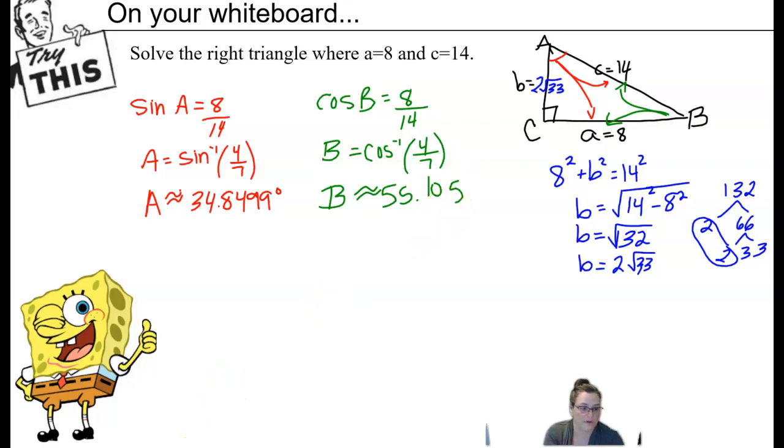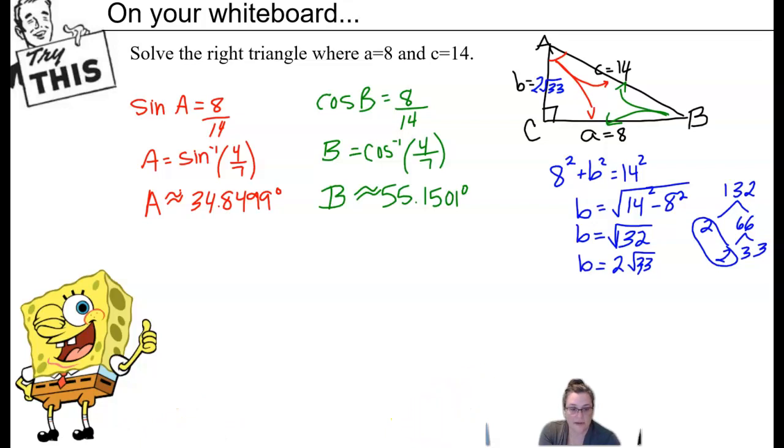Oh, whoops, 55.15, there we go, 01 degrees. Okay.